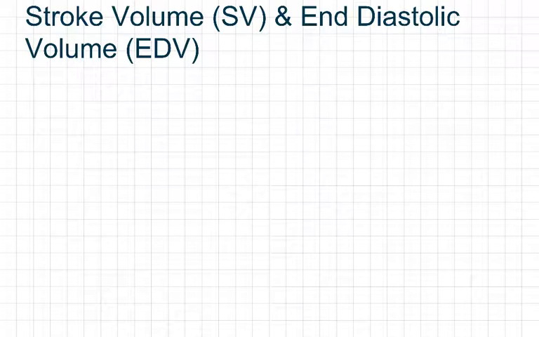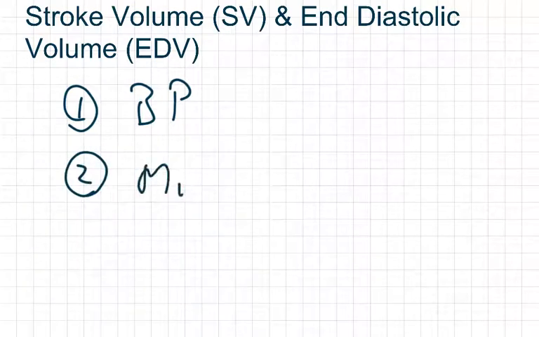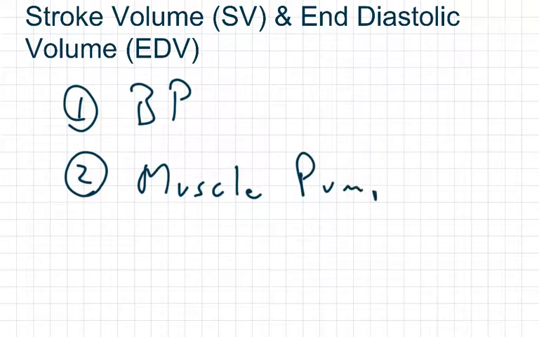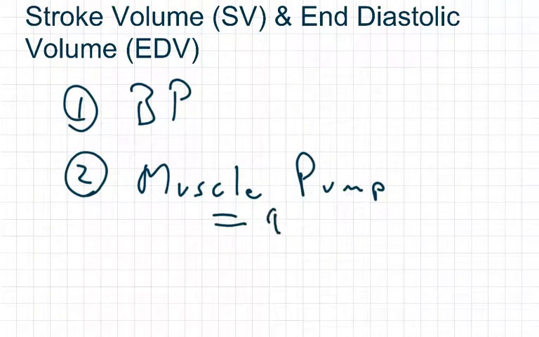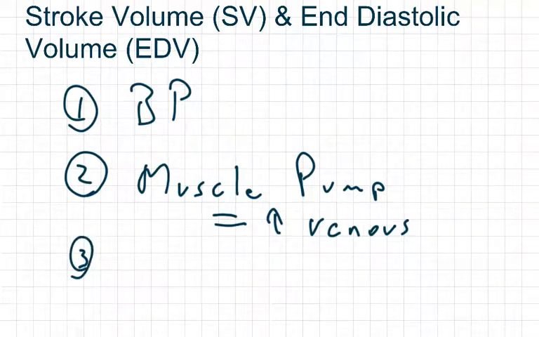One of those is blood pressure, the overall systemic blood pressure of the system. Two is what we call the muscle pump, which is the muscle's ability when it contracts to help venous return during movement. And three is heart rate too.